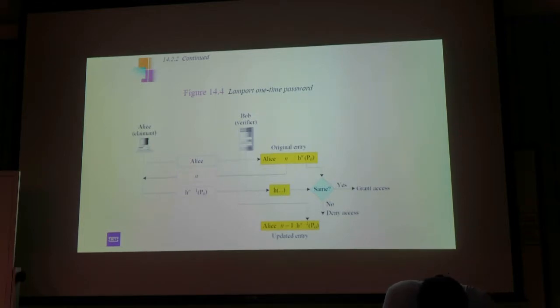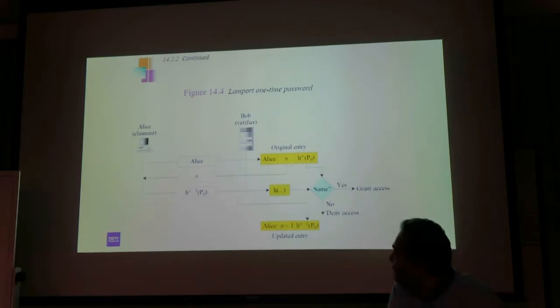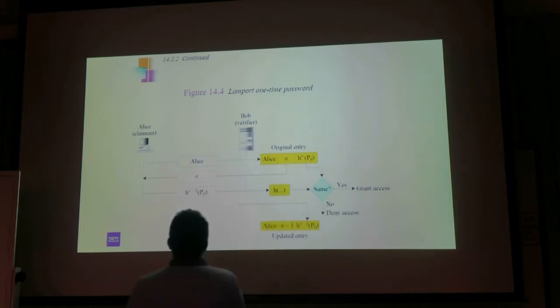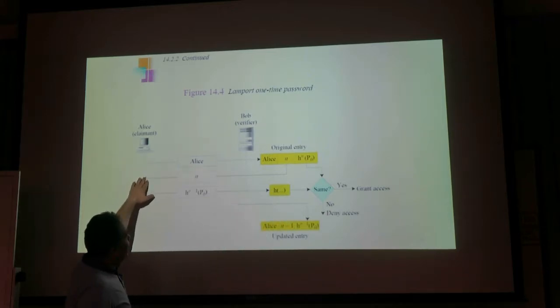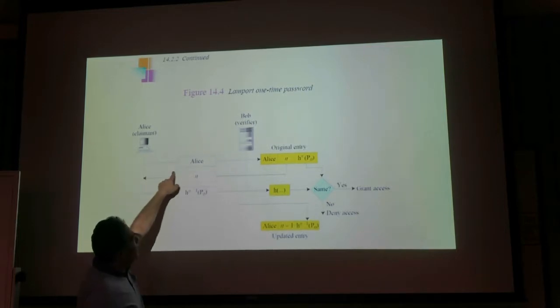So, for example, this is a technique called Lamport one-time password. All right, and it's like the third approach. So for example, we have Alice. Alice would like to be verified, so it will send Alice.